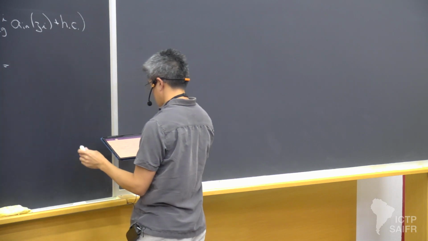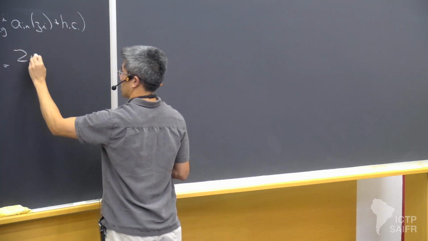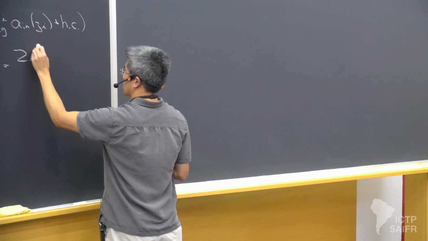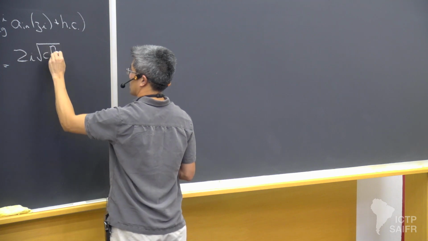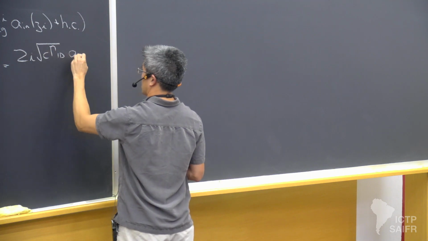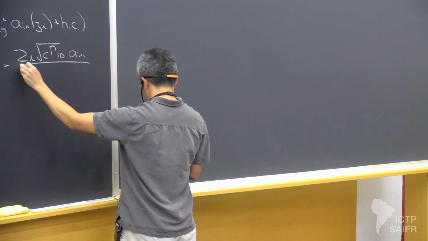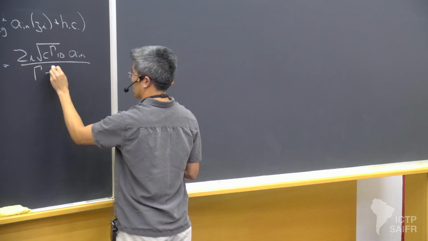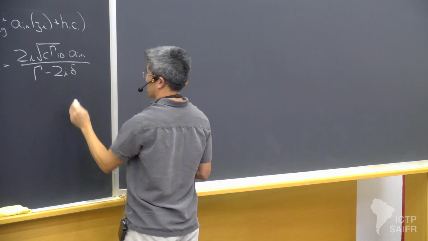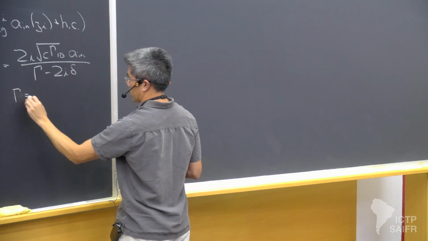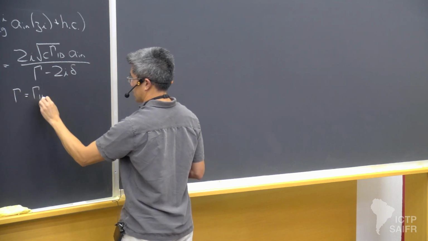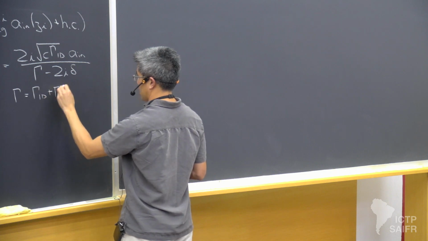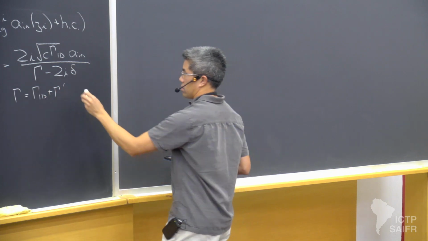And the claim is that the solution is given by this, where gamma here I define as the total decay rate. So gamma 1D plus gamma prime would be the total decay rate of a single atom.